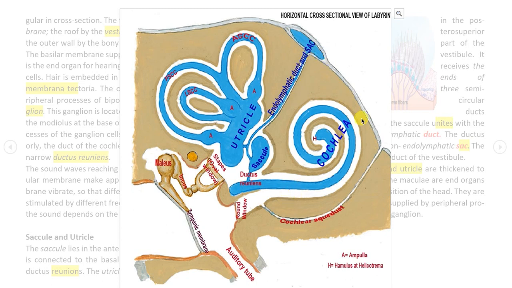These communications here and here are potential communications. It is not a free one. So whenever there is a pressure difference or ionic imbalance, they will maintain drainage through CSF. This is the cochlear aqueduct. It is communicating the fluid of this cochlea to here with the meninges.